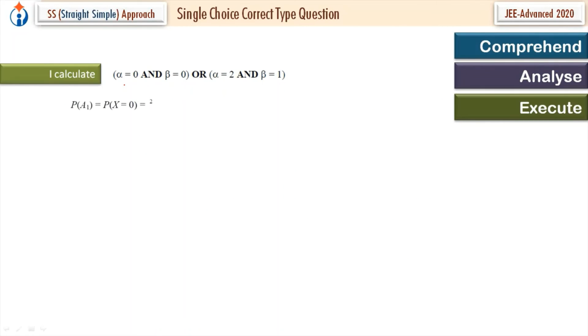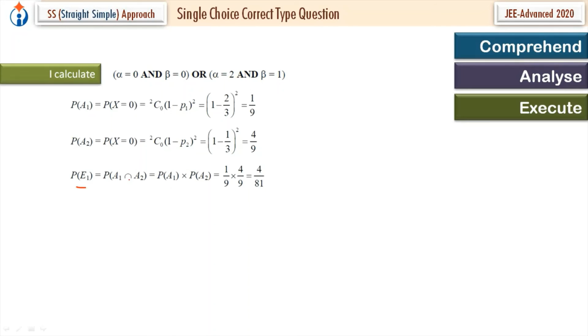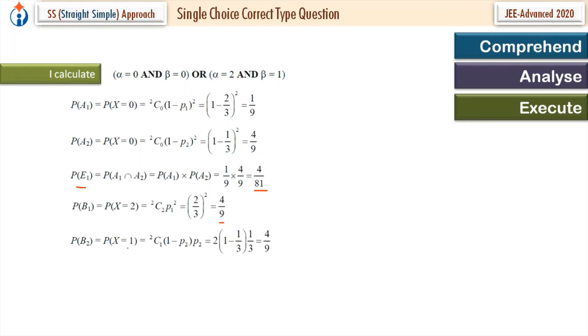Now let's calculate. So P of A1 for R equal to 0, we put in the result, 1 by 9. P of A2 is 4 by 9 for X equal to 0. So P of E1, just put the values there, I got 4 upon 81. Similarly for B1, 4 by 9, X equal to 2, and X equal to 1 for this, 4 by 9.